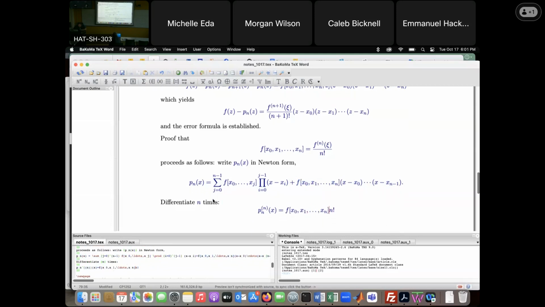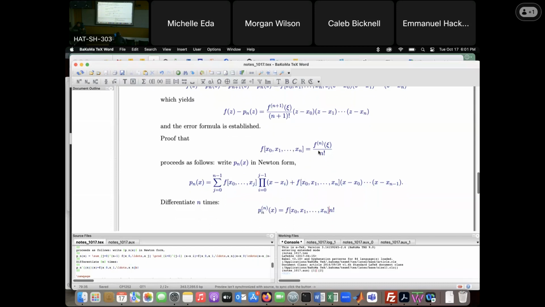All right. So you kind of see how we get to this result. We have the divided difference we want. We have the n factorial we want, but here we have the nth derivative of Pn.